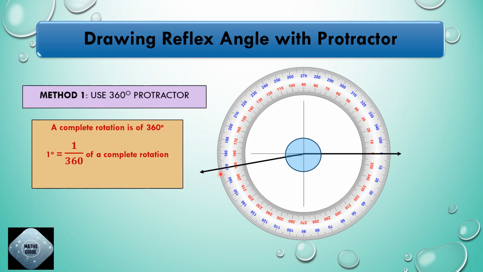Like this. You can make other angles using this protractor of any measurement greater than 180 degrees and less than 360 degrees.